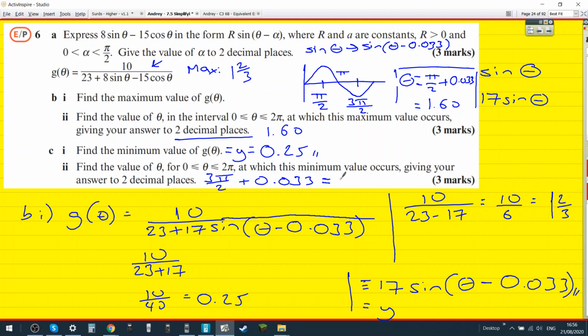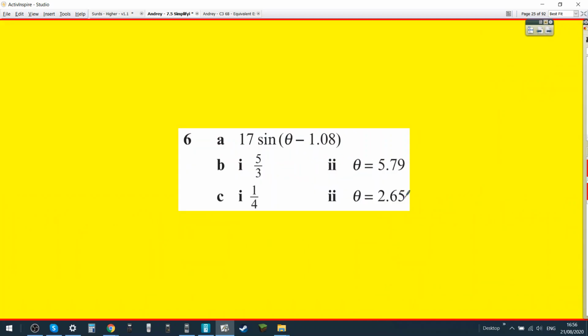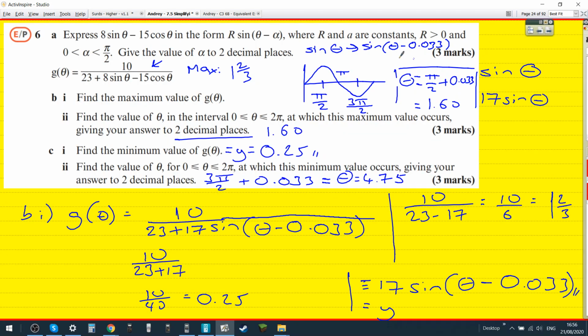I got the maximum as 4, or even a minimum as 4.75. Seems all right. Minus 1.08. Was that what we said at the very beginning?